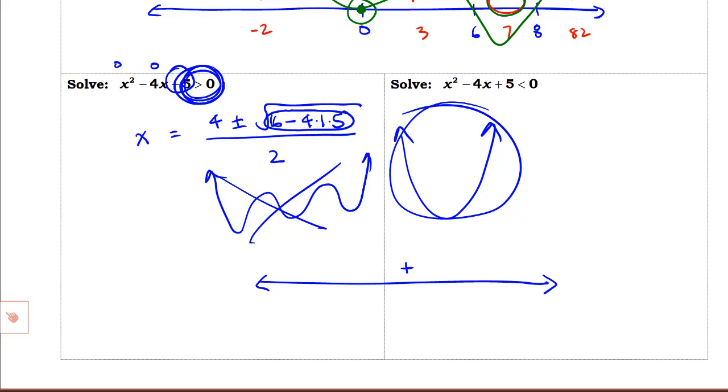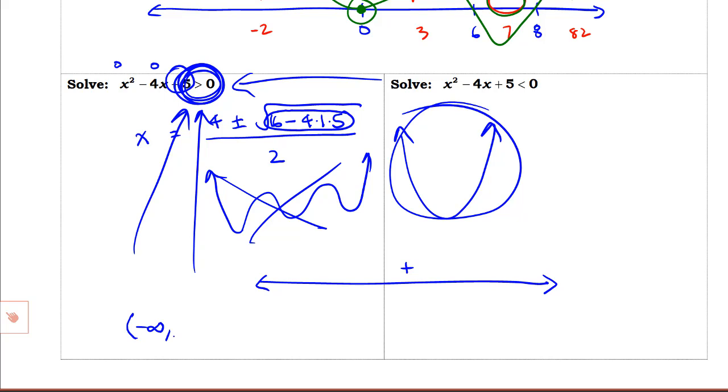So this is what? When does that happen? When is it positive? When is it above the x-axis? Always. From negative infinity to infinity. When is it below the x-axis?